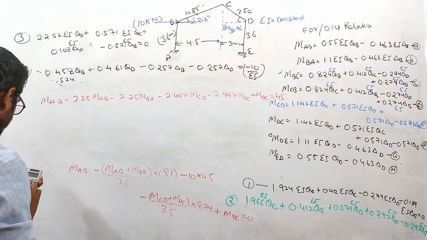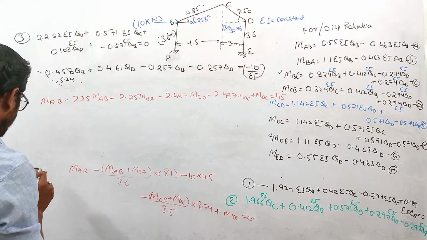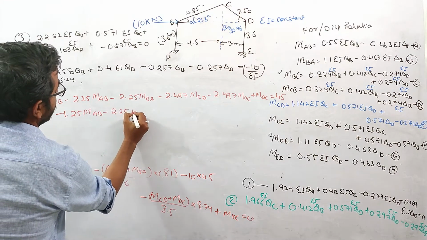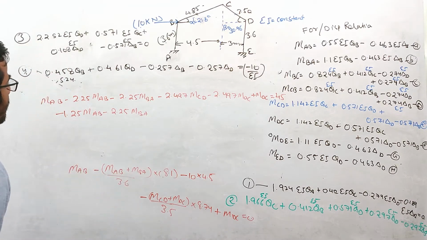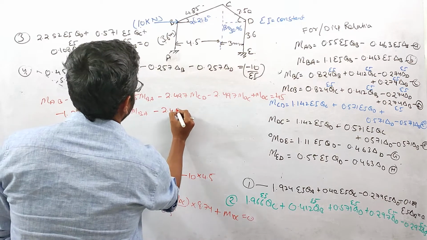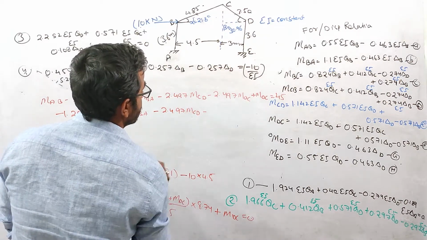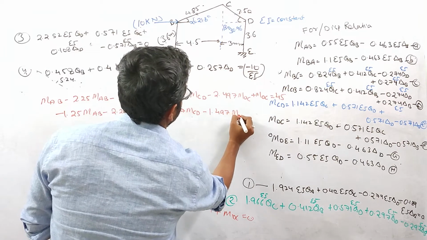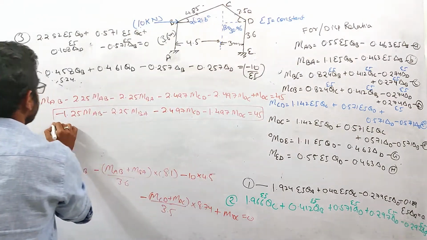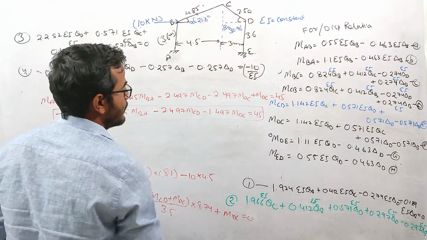So this is 2.25 minus 1, this is minus 1.25 MAB minus 2.25 MBA. This is MAB clockwise, this is anti-clockwise. This is 2.497 MCD, this is minus 1.497 MDC equals 45. So we need to put the value of MAB, MBA into this equation, okay?